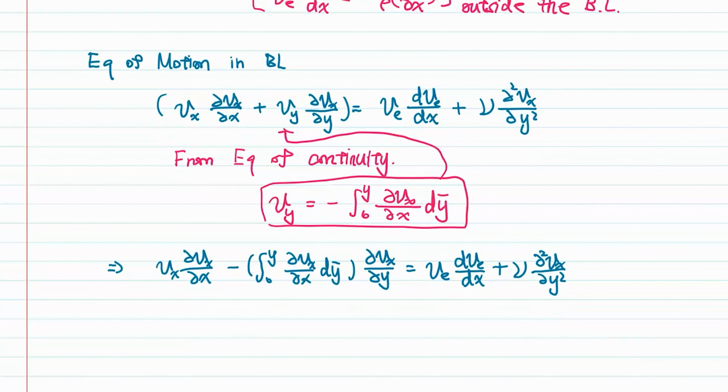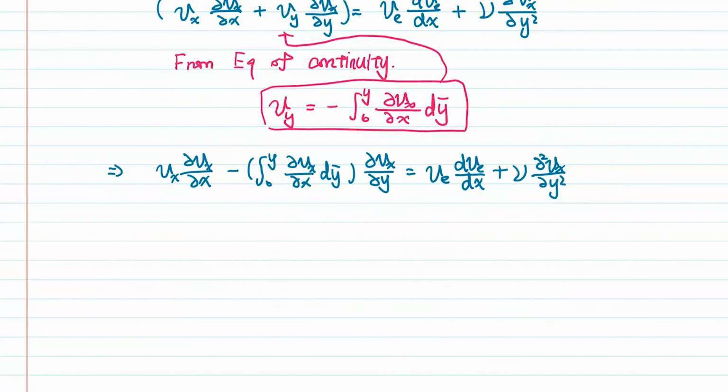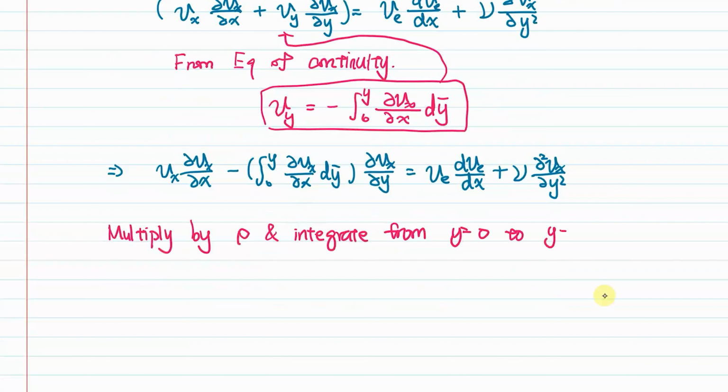Okay, and what's next is we will use this to obtain the von Karman momentum balance. So, if we multiply by density and integrate from y equals 0 to y equals infinity, we would get the very famous von Karman momentum balance.